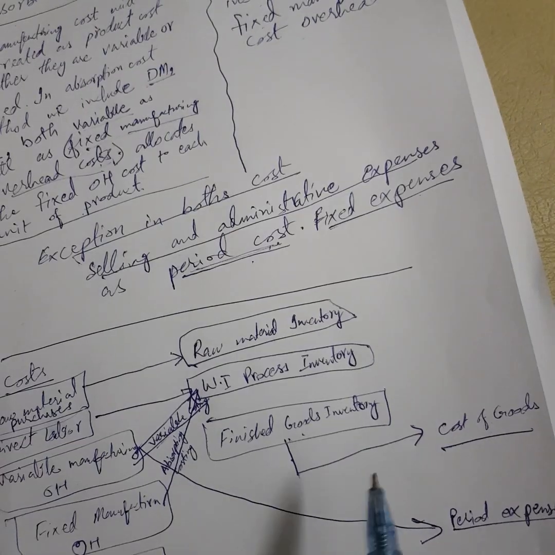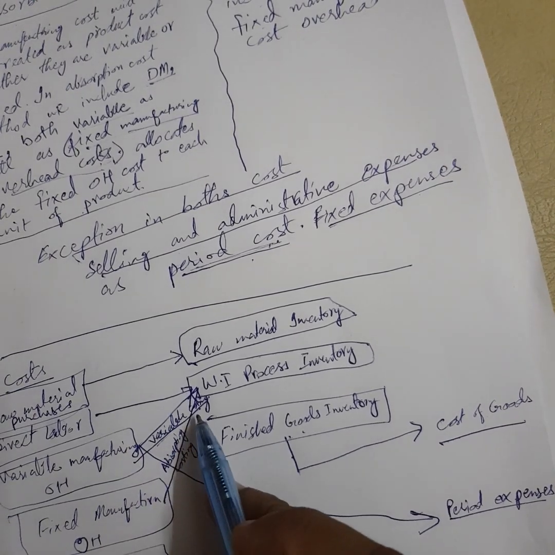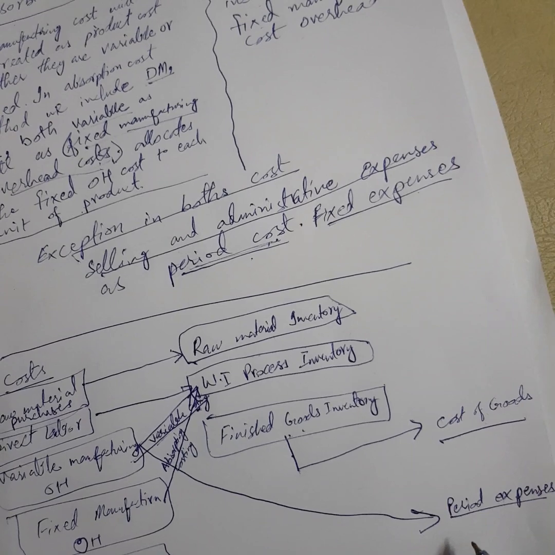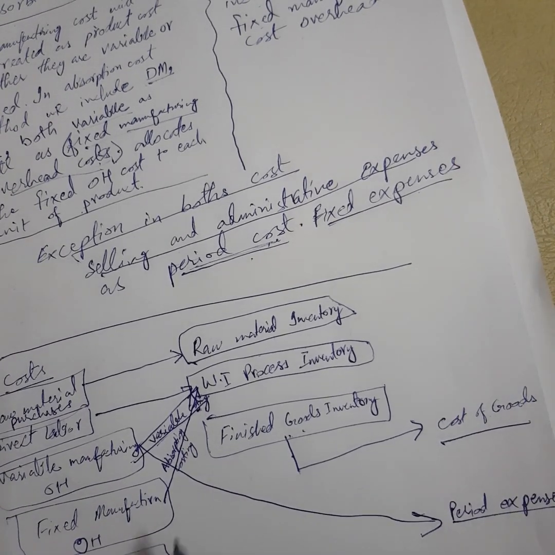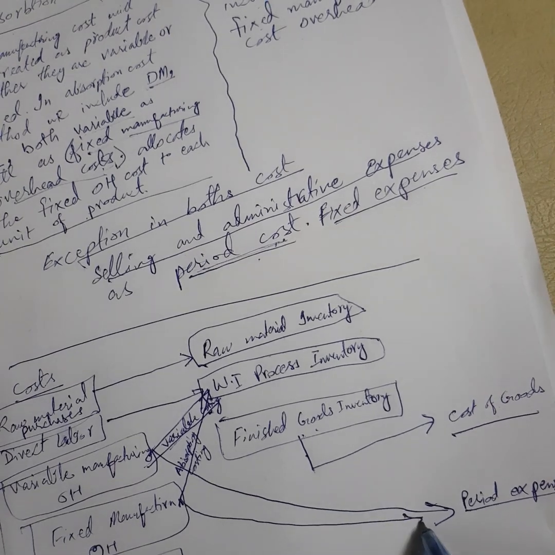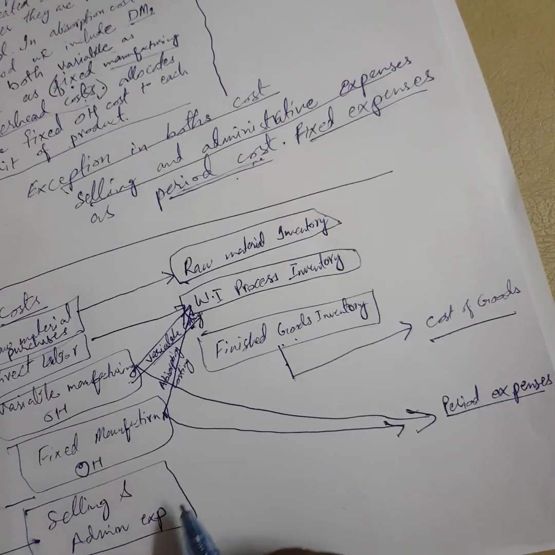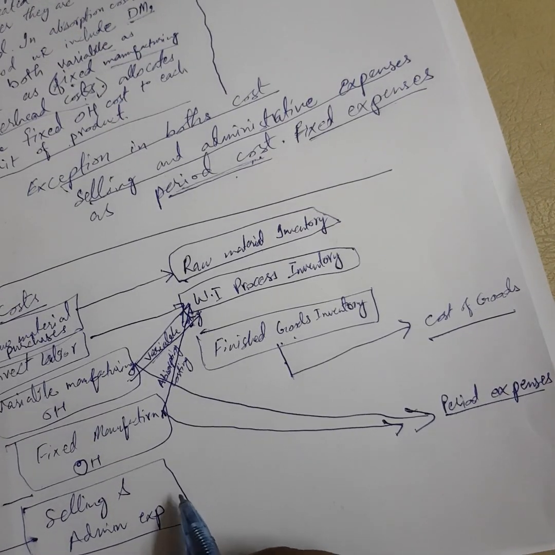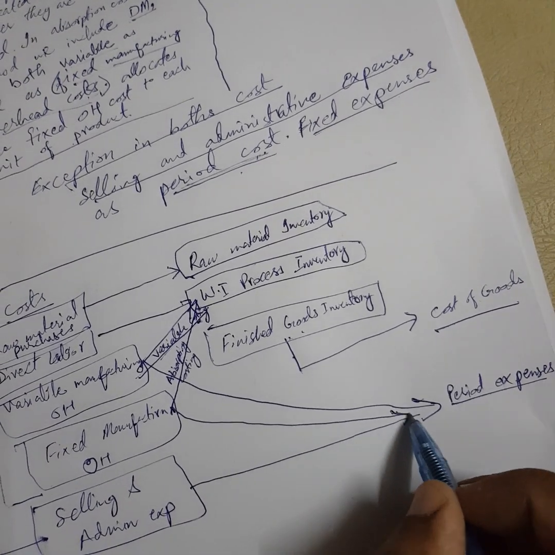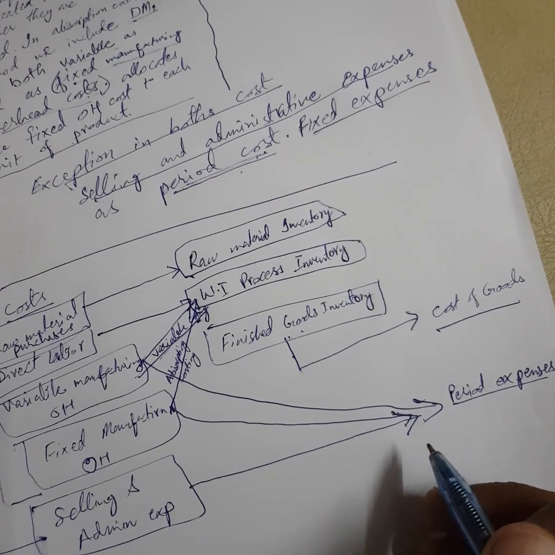If we are making an income statement using the variable costing method, it will include period expenses, as well as the absorption costing method will also include period expenses. And finally, when we are making the income statement, selling and administrative expenses will also be part of period expenses.